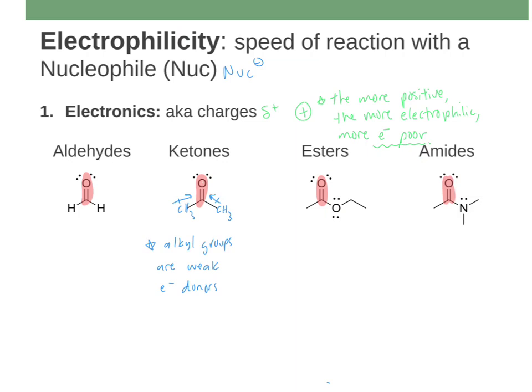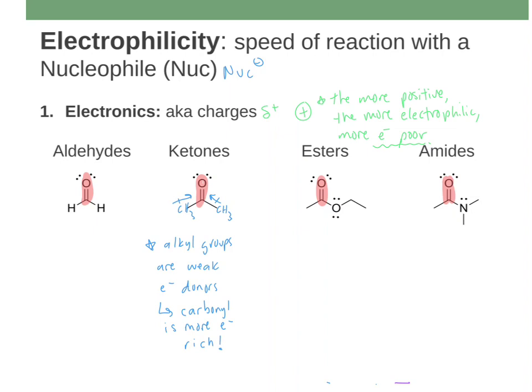So between aldehydes or ketones, I want to know which one's more electrophilic, or in other words, which one's more electron poor. If I'm comparing just the aldehydes and ketones, the ketones have donating groups, which are making the carbonyl more rich, right? So I'll add that note too. Alkyl groups are weak electron donors, and the effect of this is that the carbonyl is more electron rich.